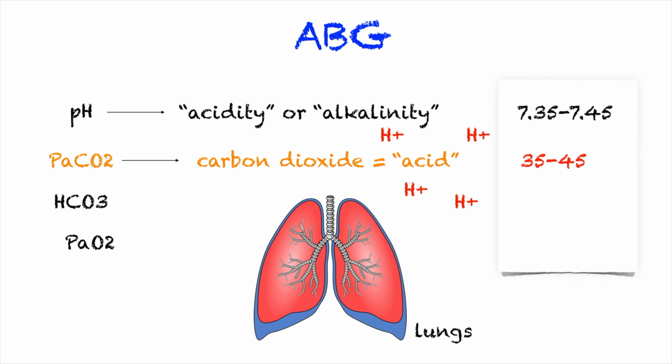But all I'm saying is that the more carbon dioxide you have in your blood, the more acidic your blood is. If you look at your normal value here, 35 to 45, if your number is above 45, which indicates that there is more carbon dioxide in your blood, then your blood tends to be on the acidic side. On the other hand, if your value is less than 35, your blood tends to be on the basic side.